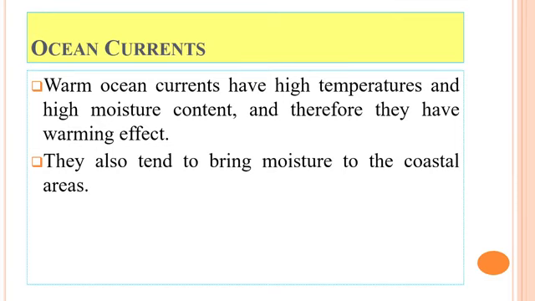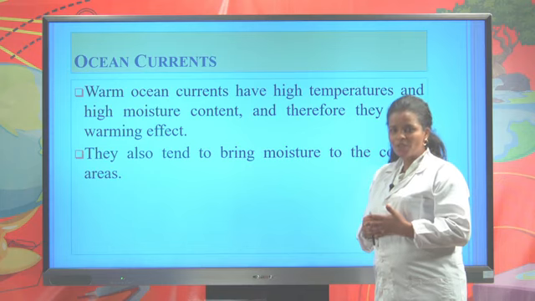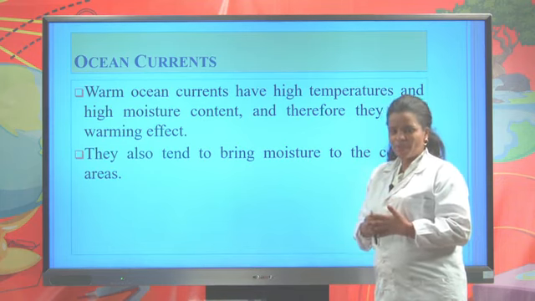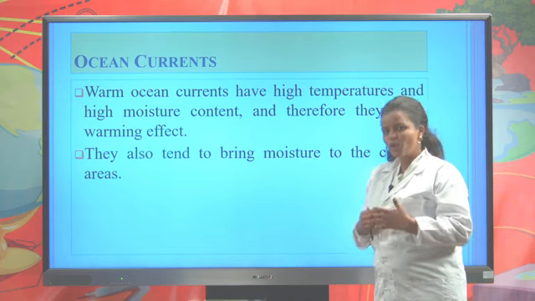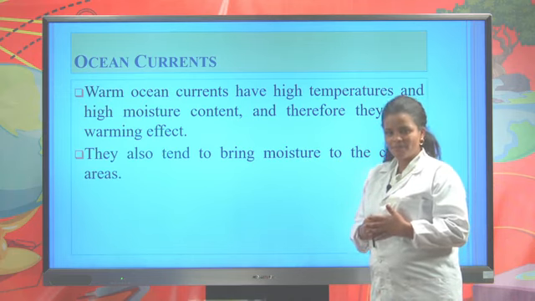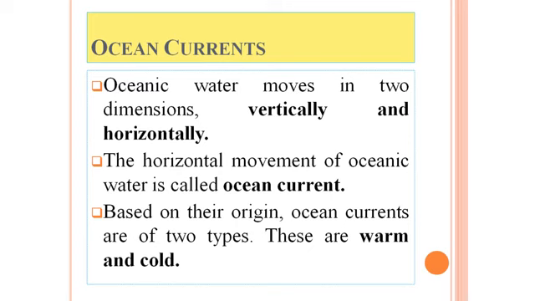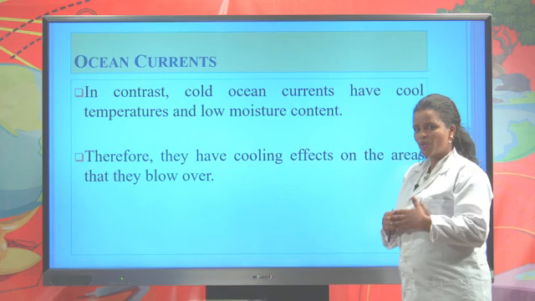Warm ocean currents have high temperature and high moisture content, and therefore they have a warming effect. They also tend to bring moisture to the coastal areas. The winds that start from the Atlantic Ocean have a warming effect for Ethiopia. So Ethiopia receives better rainfall during the summer season. In contrast, cold ocean currents have cool temperature and low moisture content.